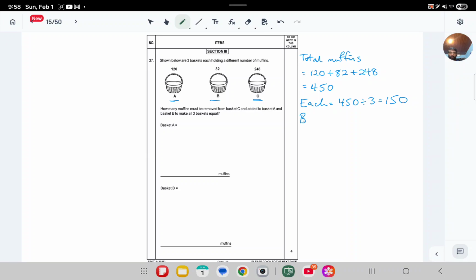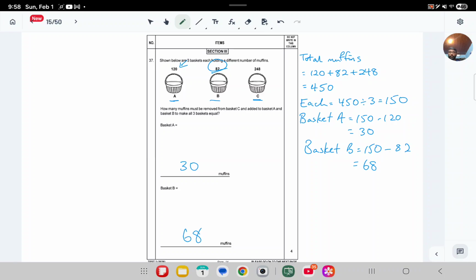So for basket A, to calculate the amount needed, because right now we have 120, it would be 150, take away the 120, and we know we need 30 muffins in A. And for basket B, we know at present we have 82, so 150 take away the 82, that will give us 68 muffins.